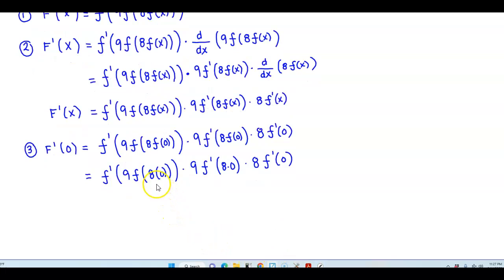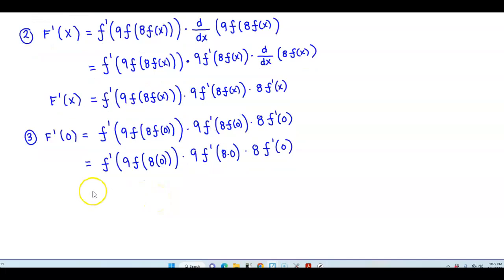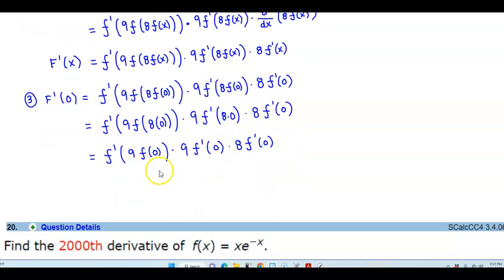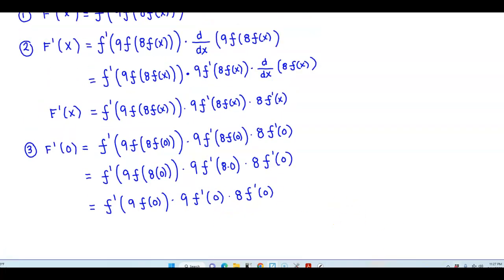So what do we know about 8 times 0? Well, 8 times 0 is going to give us 0. So therefore, this is going to be f prime of 9 times f of 0 times 9 times f prime of 8 times 0, which is 0, times 8 times f prime of 0. Now let's simplify this f of 0. So we know that this f of 0 is equal to 0.